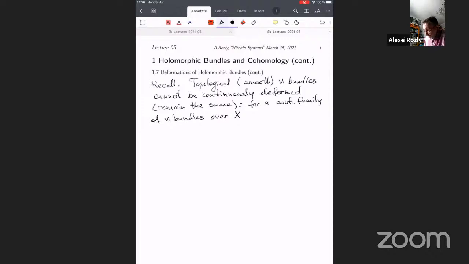Let us denote it by S, and we have a bundle E over the product X cross S. We regard X as a manifold where the bundles live and S as parameters.